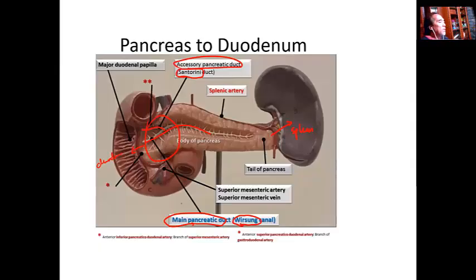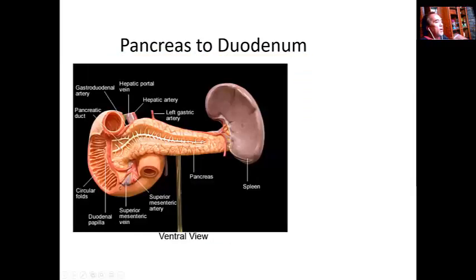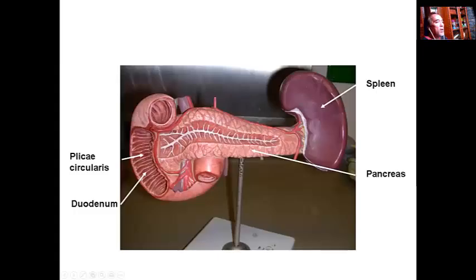Okay, so Santorini, accessory pancreatic duct; Wirsung, main pancreatic duct. Right? Another picture of the pancreas in relation to the duodenum and the spleen. Okay, so same labels that we actually went through. And another picture of the pancreas with the duodenum and the spleen in relationship.